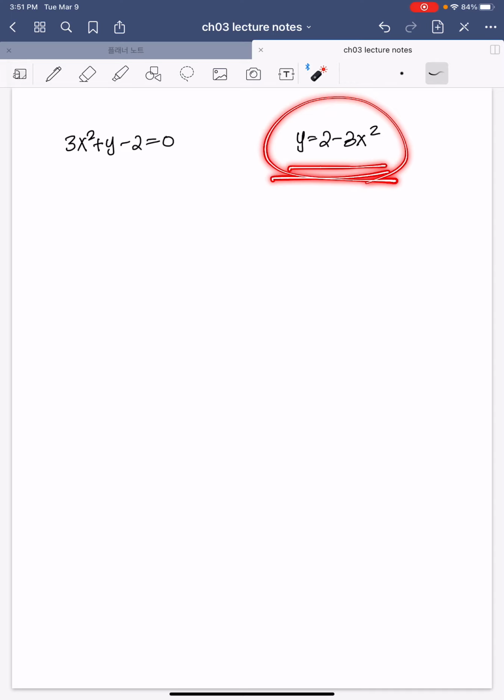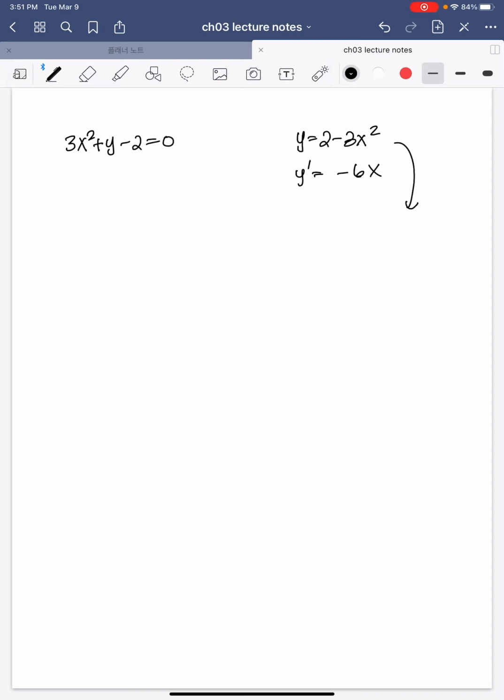Let's say you have these two equations: 3x squared plus y minus 2 equals 0 versus y is equal to 2 minus 3x squared. This is what we normally saw, and then we took the derivative, right? So this part is a 0 minus 6x, right? So this equation, we call it explicit because it's explicitly written.